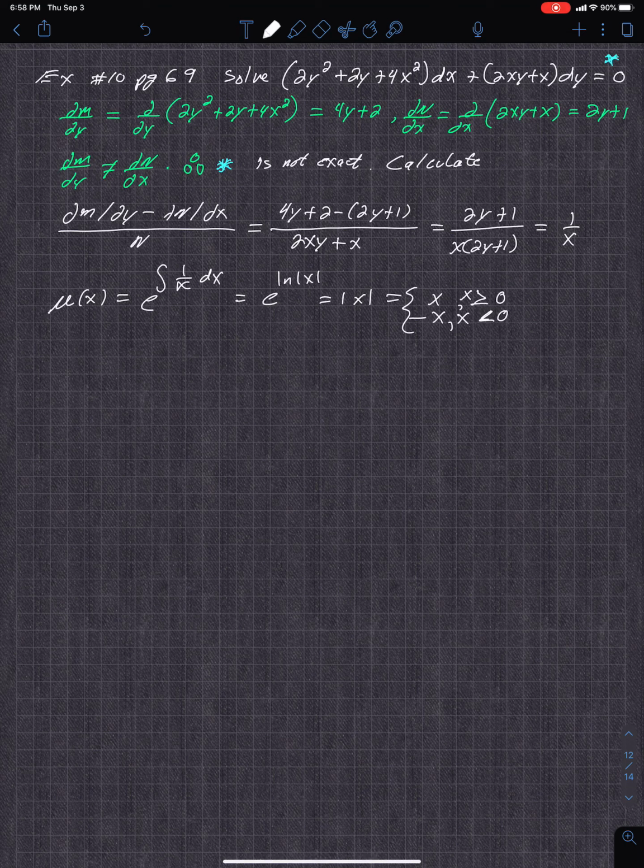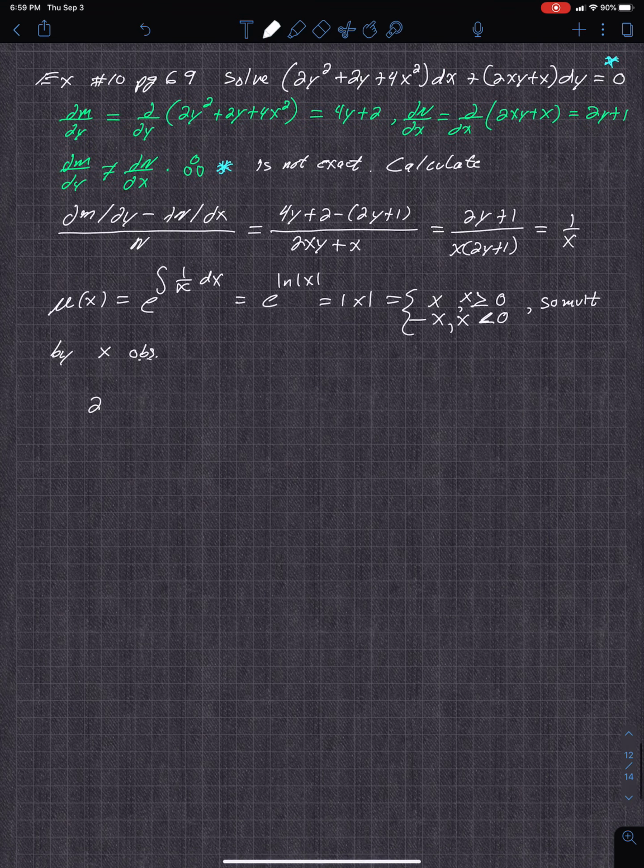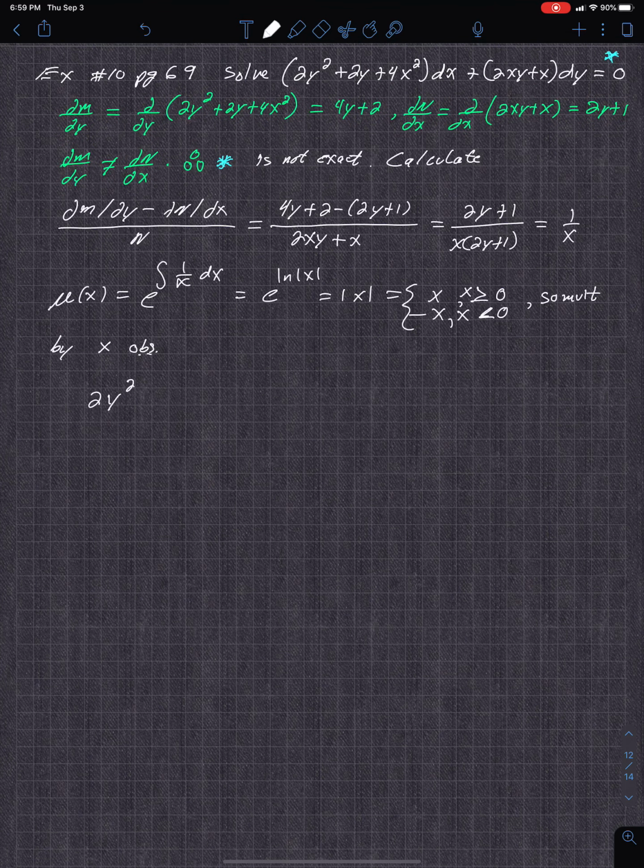So multiply by x on both sides. 0 on the right-hand side cancels it out, of course. And so you end up with 2y squared plus 2y plus 4x squared, and then we're going to multiply by x dx.